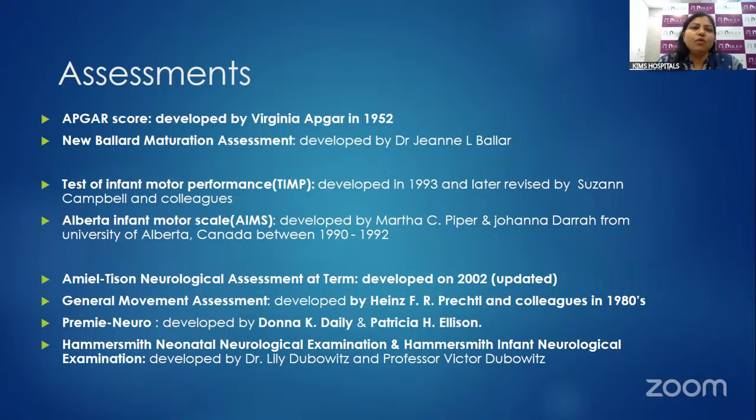It will give you a whole picture of the child's breathing pattern, the movement, and whether the child is active or not. If the child cried or not will also be included in the Apgar score.